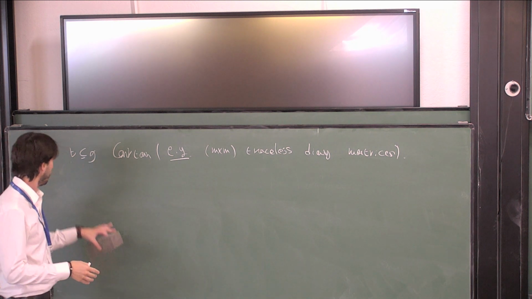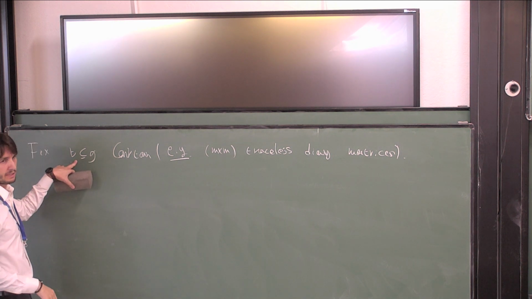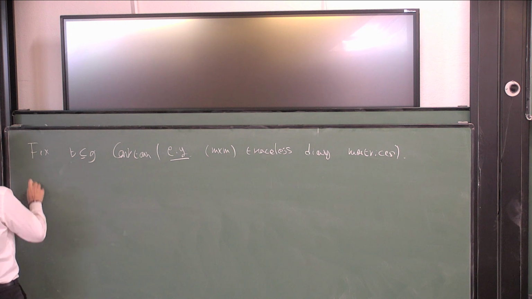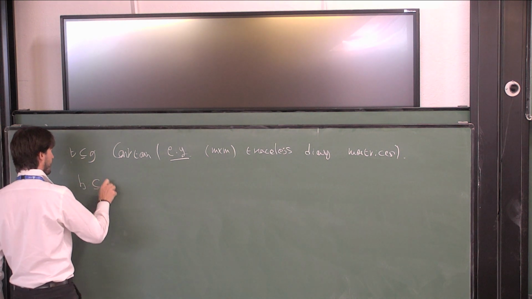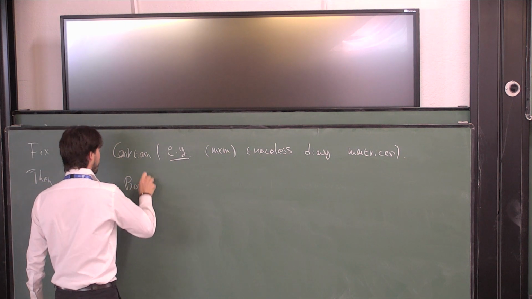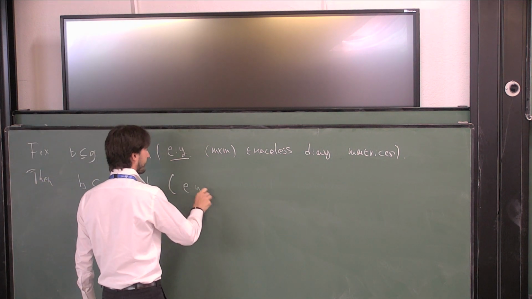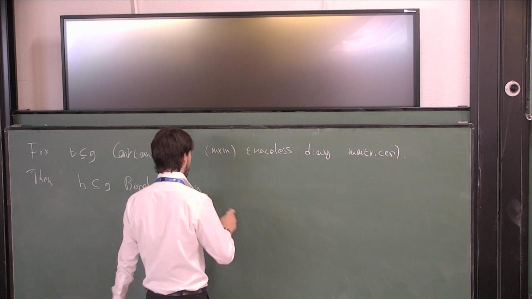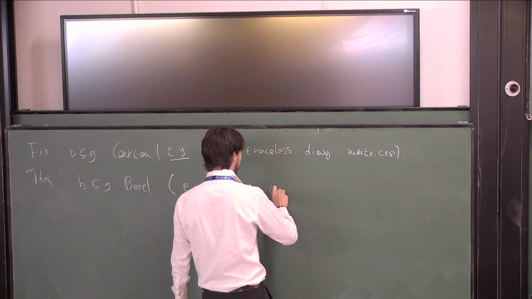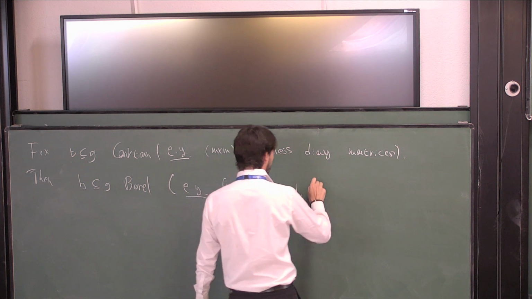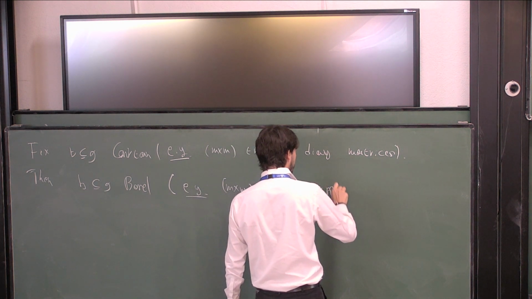You want to take a Borel subalgebra containing this. Then, moreover, we take b in g a Borel subalgebra. This means that in the standard case, I just take upper triangular matrices, still traceless.